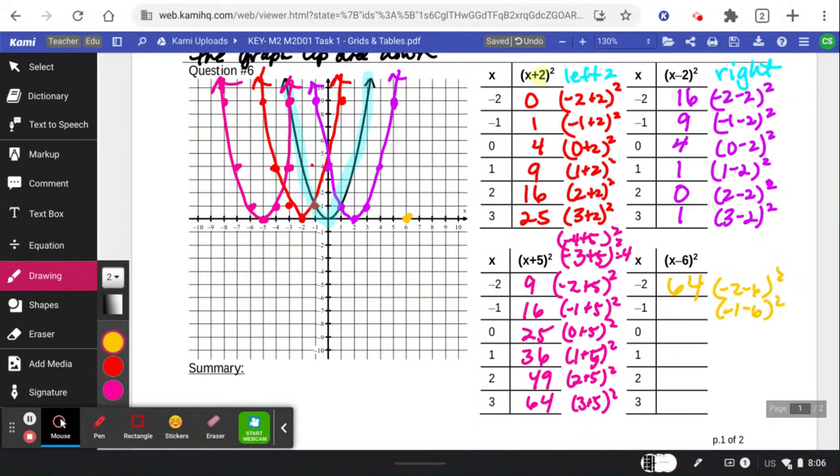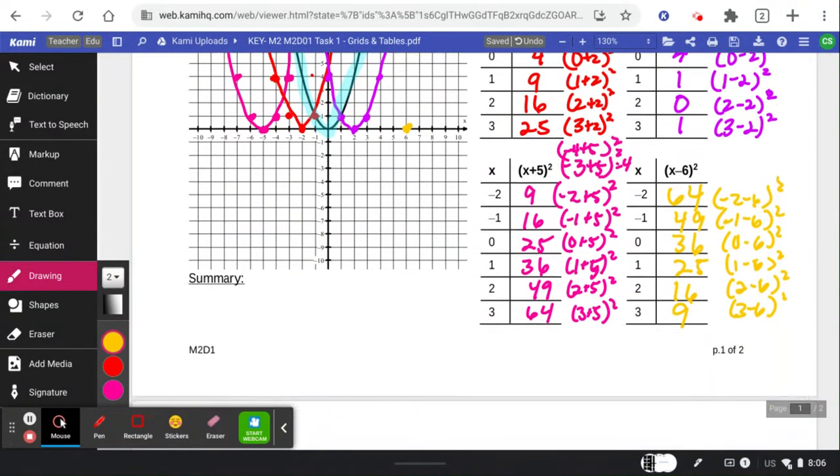Negative 1 minus 6 is negative 7 squared, 49. 0 minus 6 is going to be negative 6 squared, or 36. 1 minus 6, 25. 2 minus 6, 4 times 4 is 16. 3 minus 6, 3 squared is 9. I'm going to keep this table going down. 4 minus 6, 2 squared is 4. 5 minus 6, 1 squared is 1. 6 minus 6, 0 squared is 0.